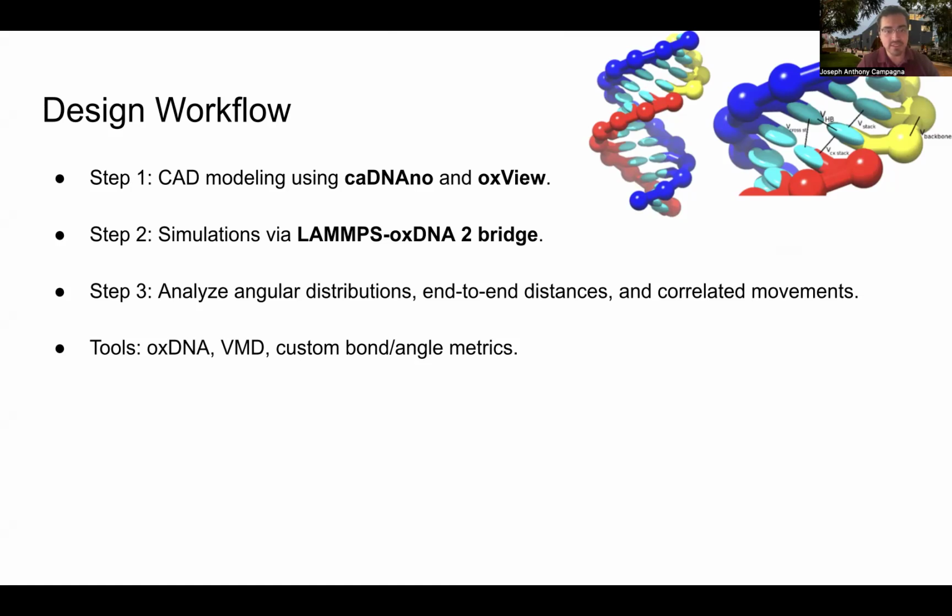We analyze angular distributions, end-to-end distances, and correlated movements, or at least this is what we'll get to further. The research is not complete. We did analyze angular distributions and end-to-end distances, and tools for this were oxDNA, VMD, and custom bond angle metrics.